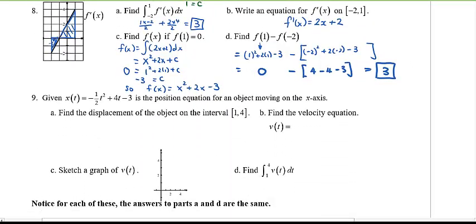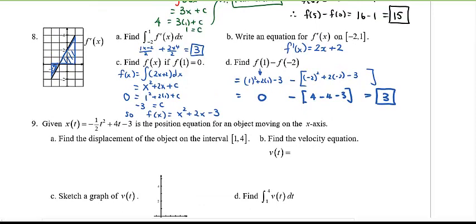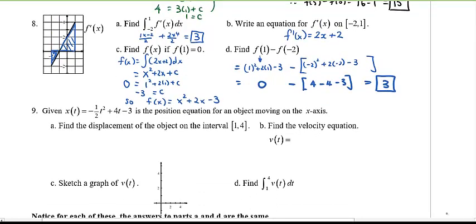I'll do 9 with you, okay? All right. Position. Displacement of the object. Remember, the displacement is just a difference in the position, so x of 4 minus x of 1. And if I calculate that, let's see what we get. -1/2 times 4 squared plus 4 times 4 minus 3. That's the first part.